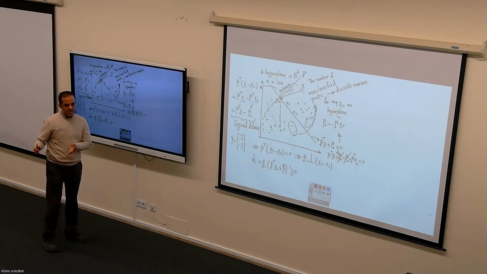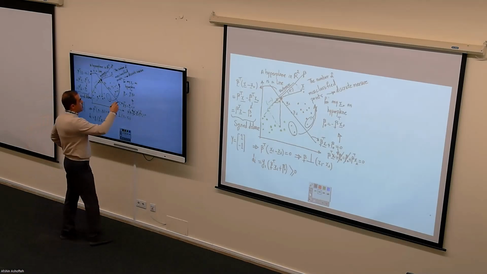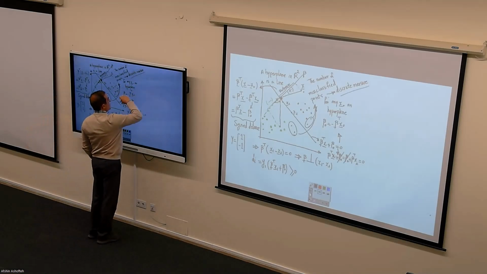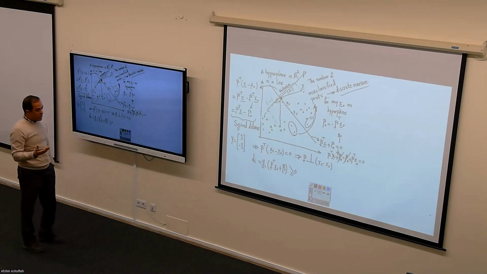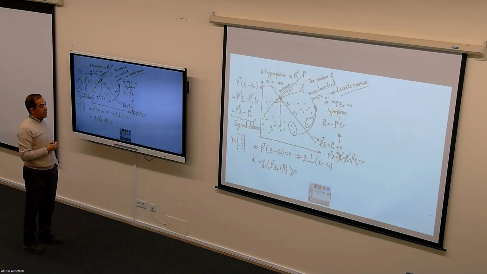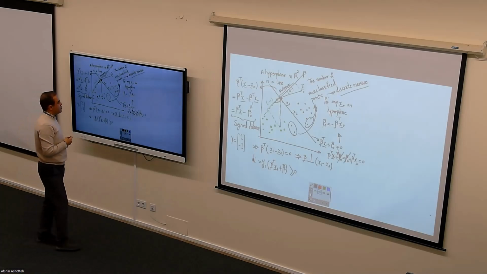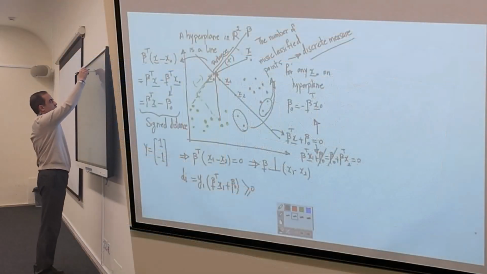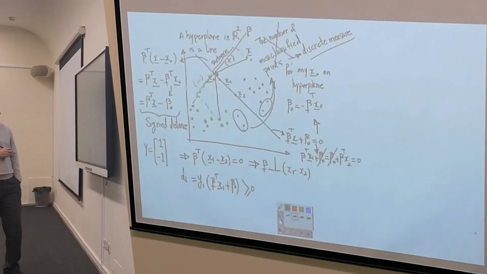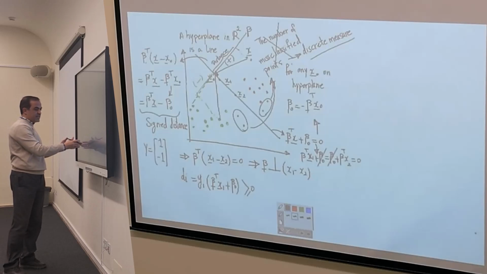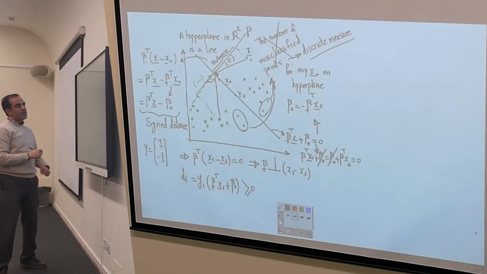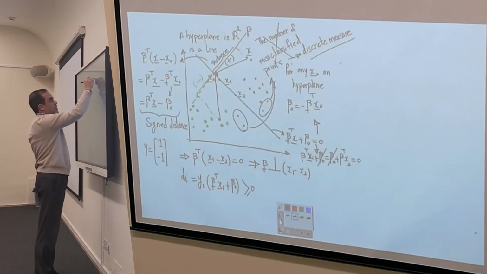But we know that this derivative is not working for a discrete measure, and I have to have a continuous function that I can apply the derivatives to find the response. So this number of misclassified points could not be used, but I have this distance here, I calculated it here, and maybe I can use it as a solution.